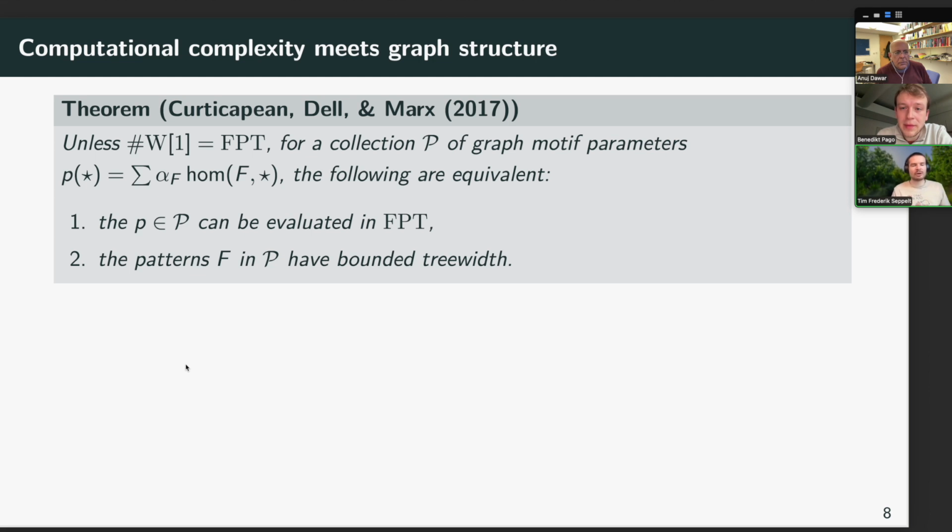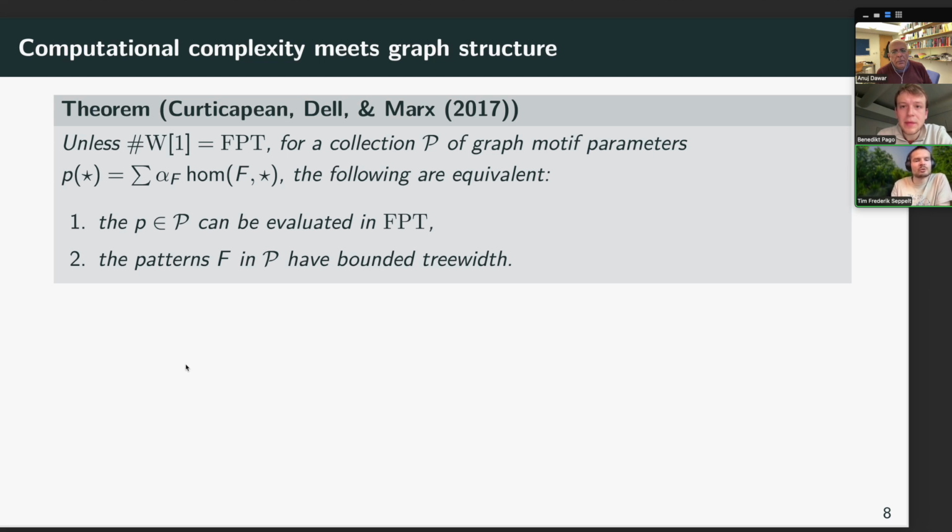So this is not in the algebraic complexity setting, but in a general parametrized counting complexity setting. So this theorem here says that such a graph motif parameter, so this is a linear combination of homomorphism counts from some pattern graphs F with coefficients alpha F, can be evaluated in fixed-parameter tractable time if and only if all the patterns in this linear combination have bounded tree width.